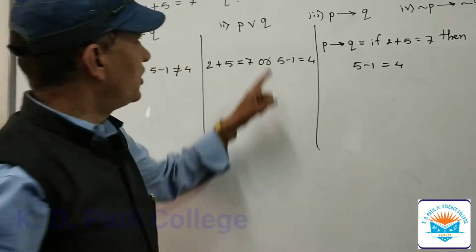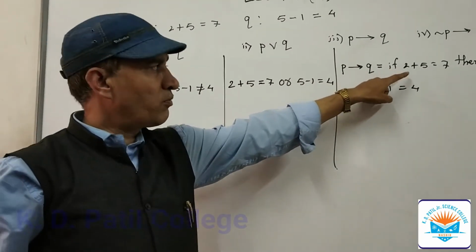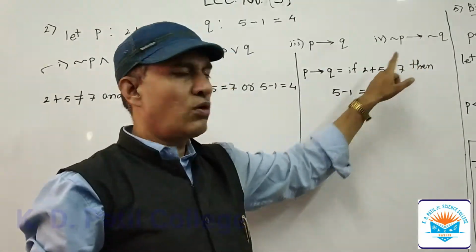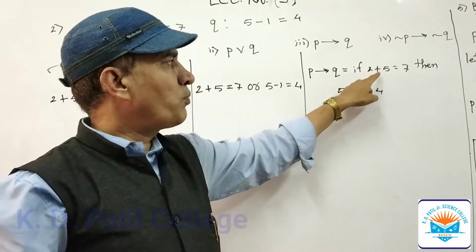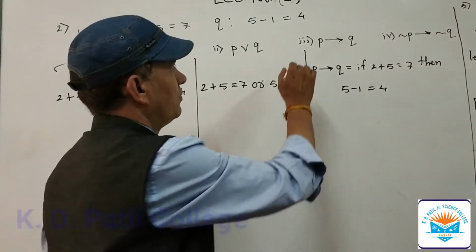And now we complete this conditional. Look, the part which follows if is called the antecedent and the part which follows then is called the consequent. If 2 plus 5 equal to 7, then 5 minus 1 equal to 4. It is the verbal form of the third one.